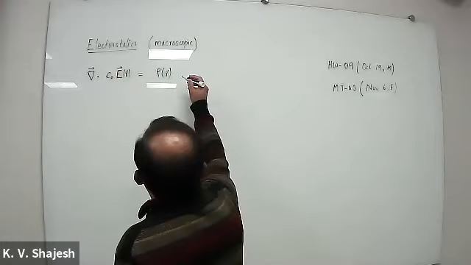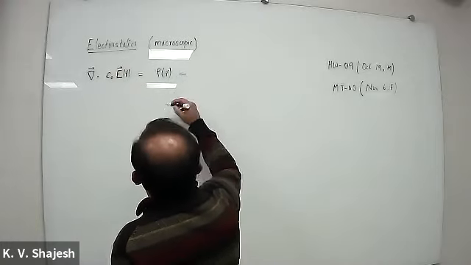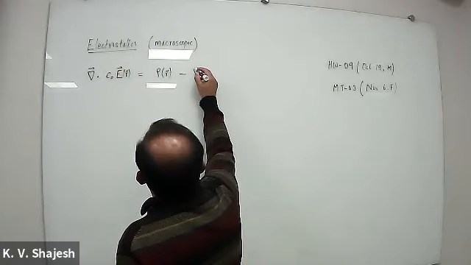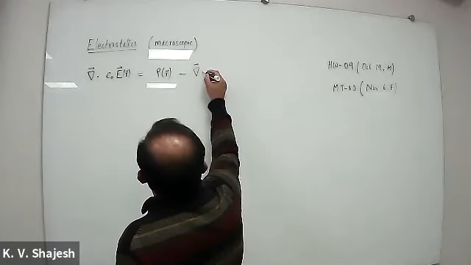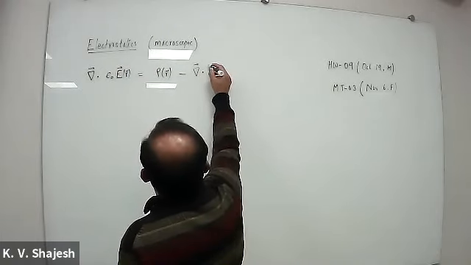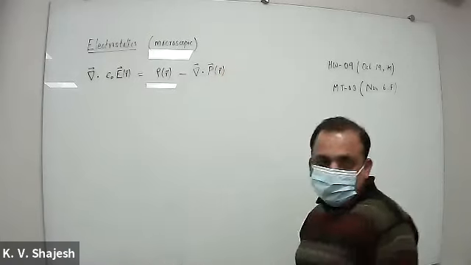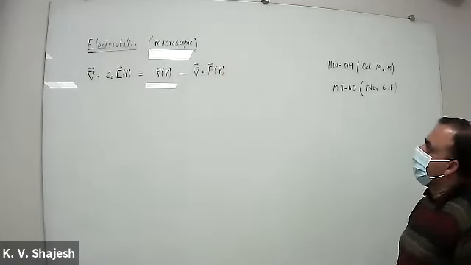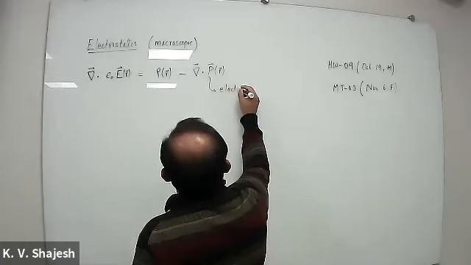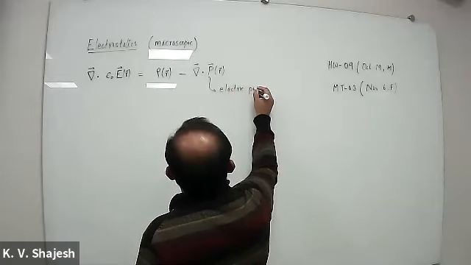But we said if we have a material, there is an additional piece to the charge density, and that's given in terms of the divergence of what we call the electric polarization of the material.